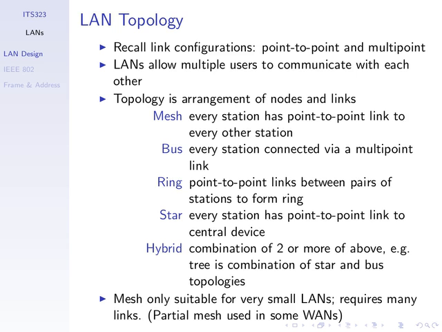Here's a simple LAN. Now in SIT we have 100 stations. How many links do we need? It's 100 times 99 divided by 2.